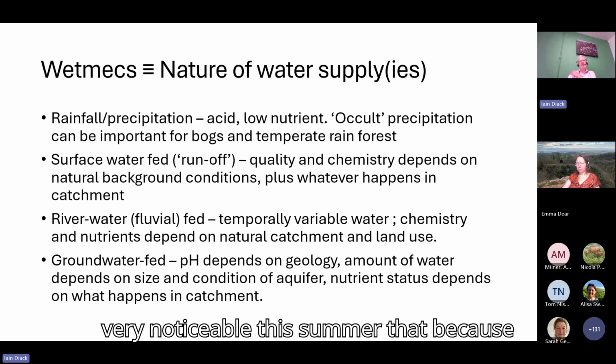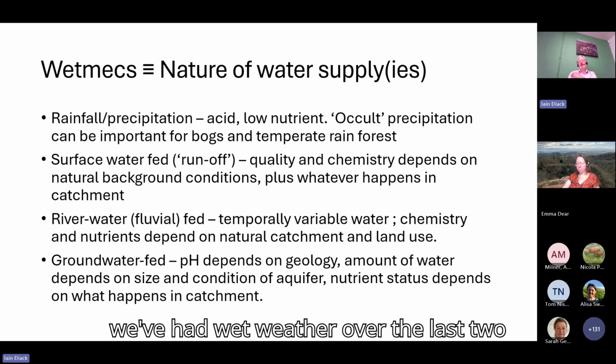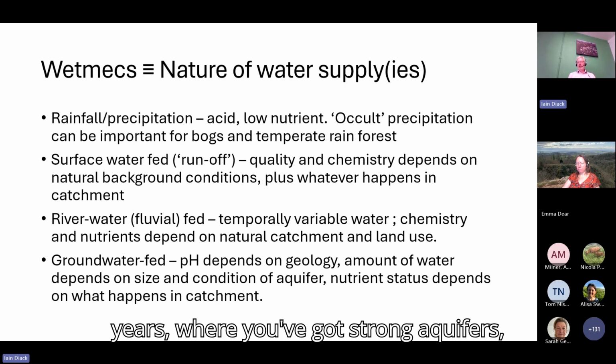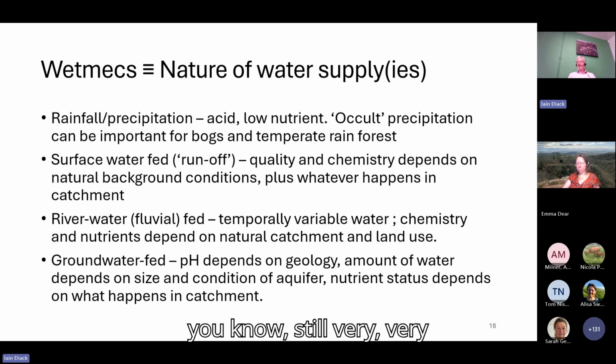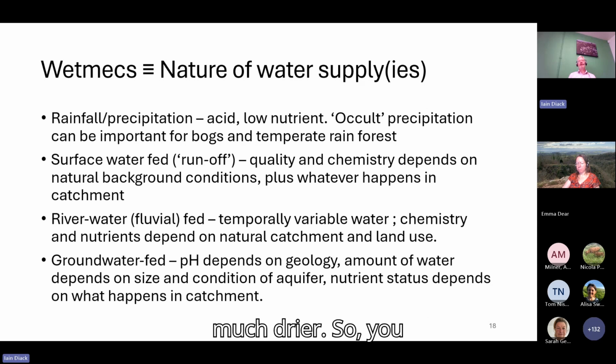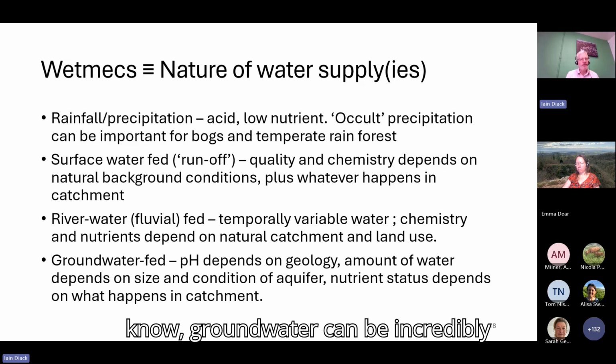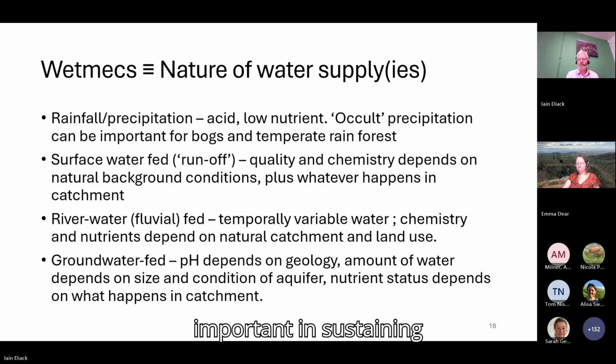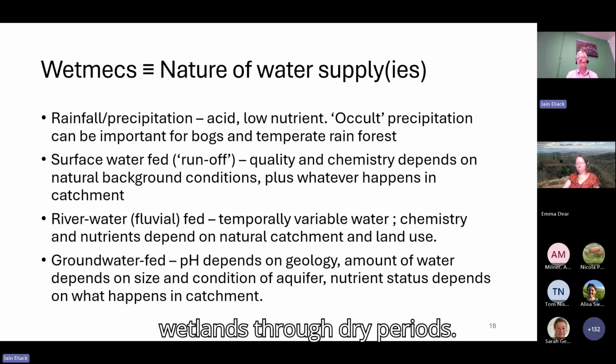And I think it's been very noticeable this summer that because we've had wet weather over the last 2 years, where you've got strong aquifers, still very, very wet sites, even though it's been so dry, and where you've got smaller aquifers that are more responsive to rainfall, they've been much drier. So groundwater can be incredibly important in sustaining wetlands through dry periods.